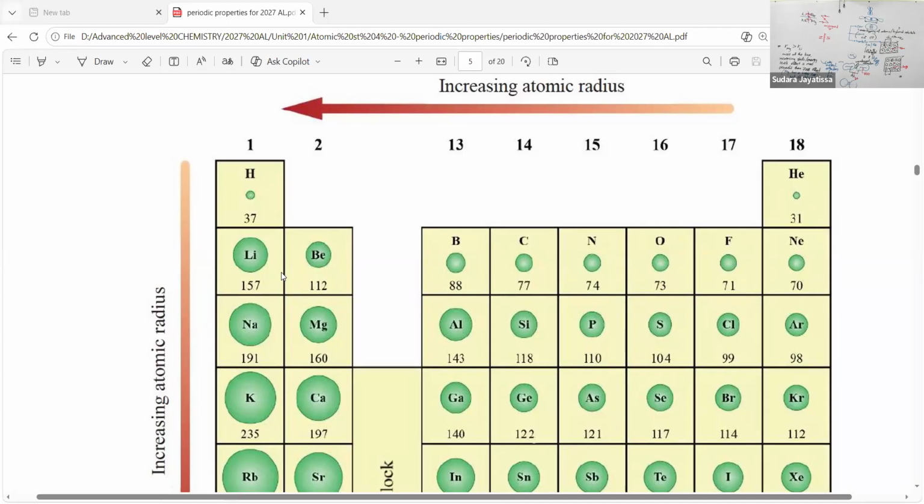Sodium, magnesium, potassium, calcium. So calcium is larger than sodium. So okay, fine. Then go to magnesium, aluminium, calcium, and gallium. And gallium is smaller than magnesium. There are places you can't apply it. But don't worry, they will never ask that, because even without the values we can't predict it.